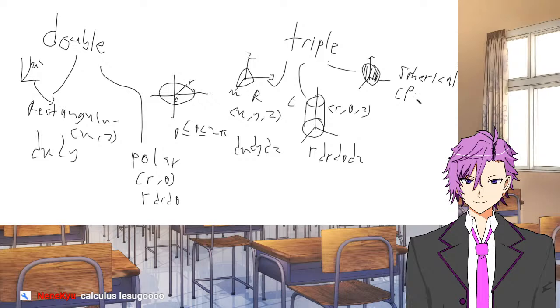Then the integral has rho squared sine psi d rho d psi d theta. That will be used for spherical coordinates.